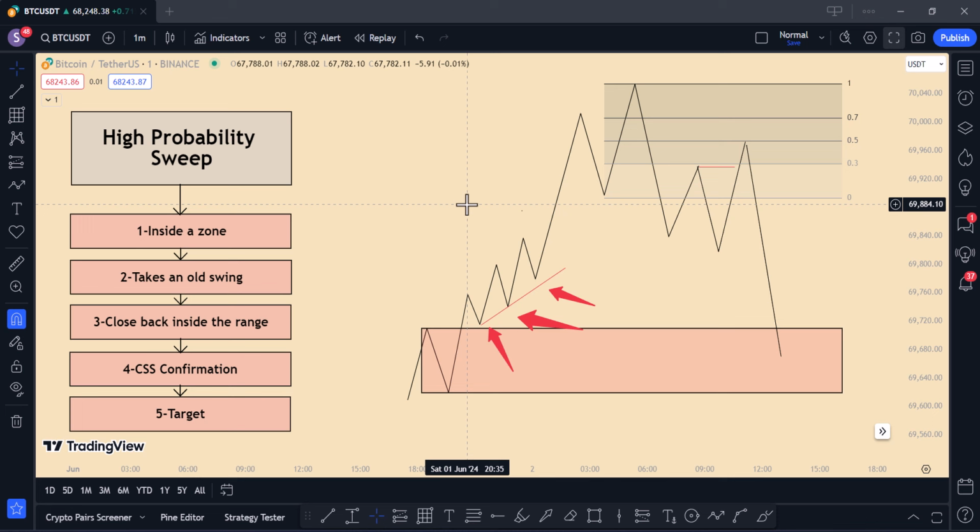In the next video, I'm going to show you trade examples and backtesting examples, so you can really understand this concept better. I don't want to make this video long, because I noticed that a small percentage of the viewers can't make it till the end.